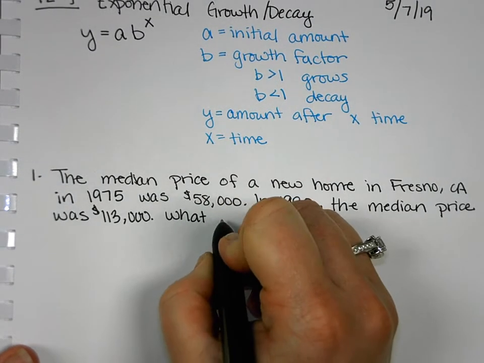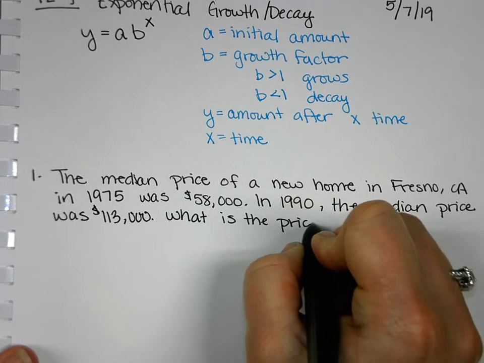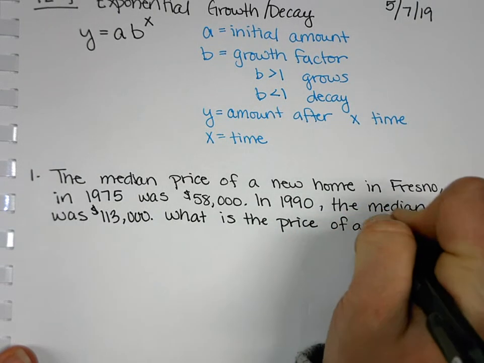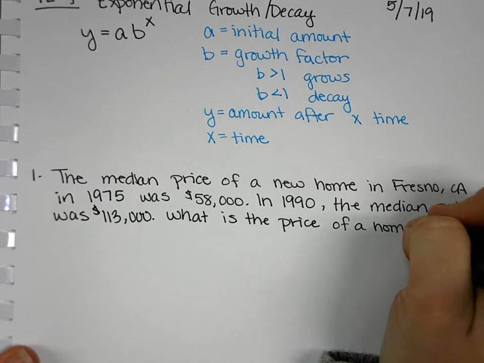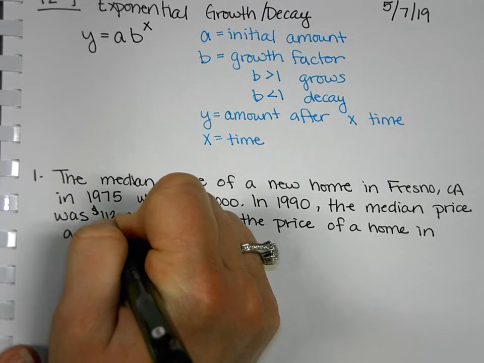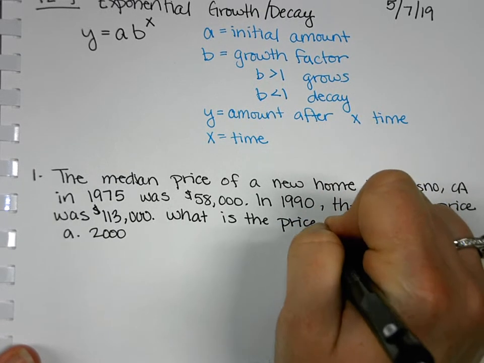What is the price of a home in A, the year 2000, and B, 1955?